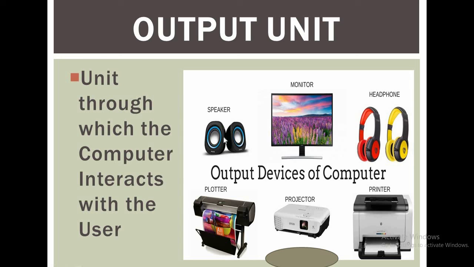An example of an output device is the speaker. When somebody talks through the microphone, we should be able to hear that person's talk through the speaker. Then we have the monitor. Whatever goes into the computer, except programs and software, we should be able to see.